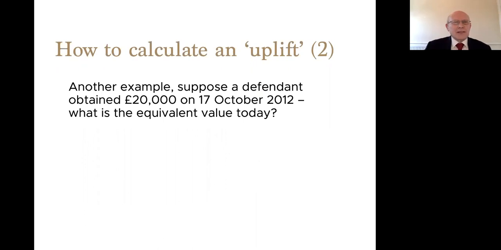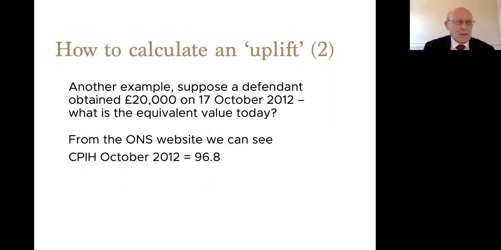Suppose a defendant obtained £20,000 rather long ago on the 17th of October 2012. What is the equivalent value of that today? Well, again, we look at the CPIH for that time. The CPIH for October 2012 was 96.8. The latest CPIH we know, April 21, is 110.4.